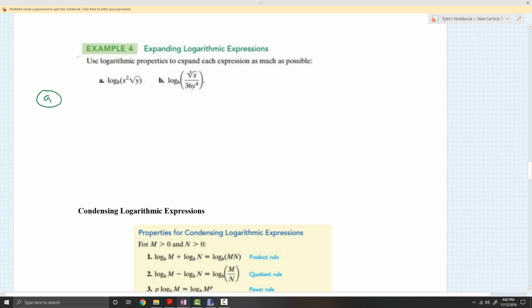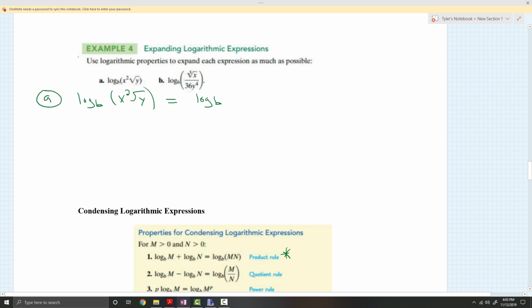So part A, we have log base b of x squared square root of y, right? Looking at this, the first thing I would notice is I have a product: x squared times the square root of y. So the first thing I'm going to do is split these apart with sums, using the product rule, this very first one we learned.